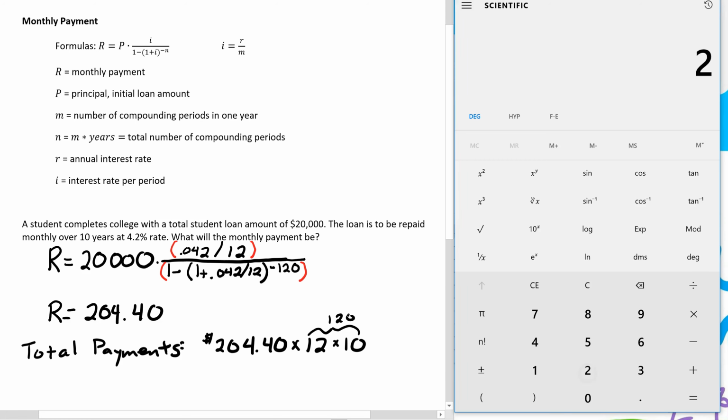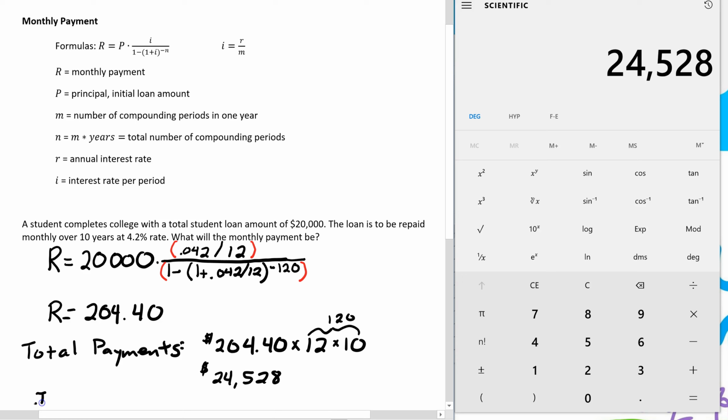So taking 204.40, multiplying it with 120 payments, it would be a total payment amount of $24,528.